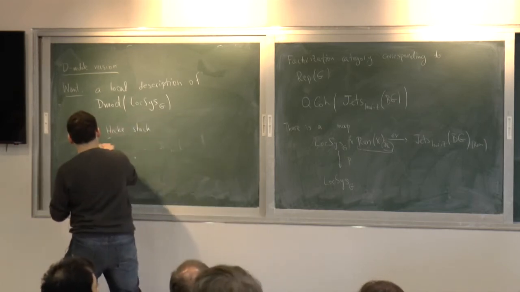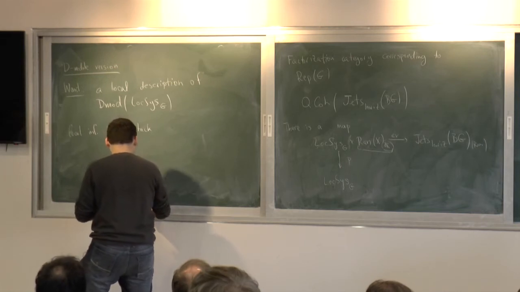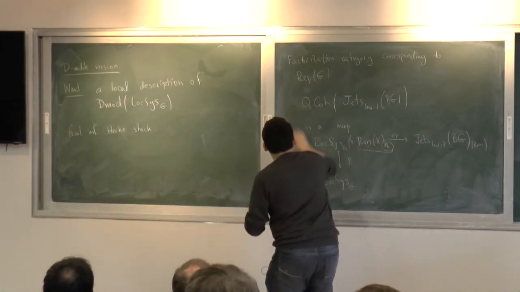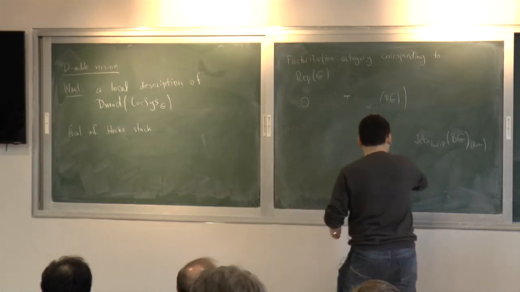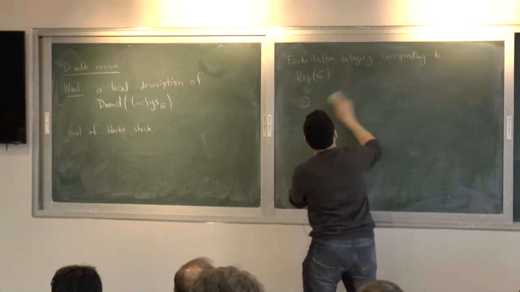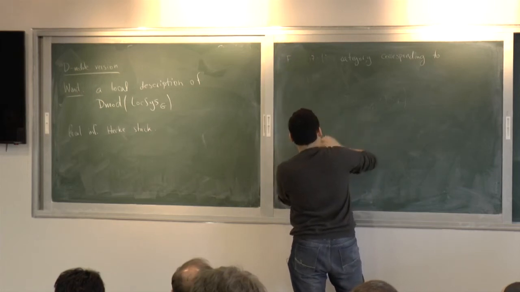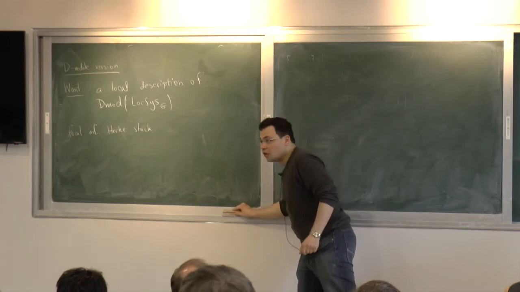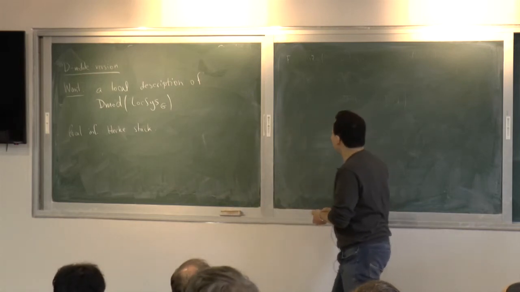Before I do that, I forgot to say something else. The key point is that, rather than looking at the formal disk, we can think about BG as G-local systems on the formal disk.